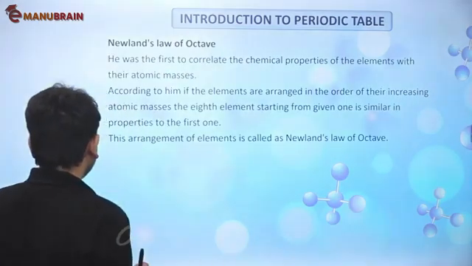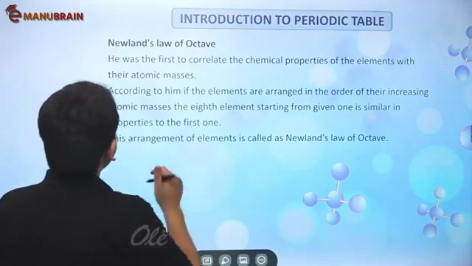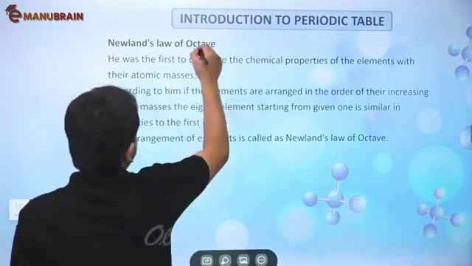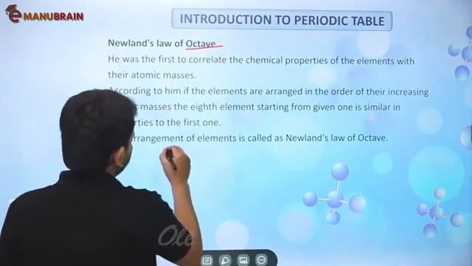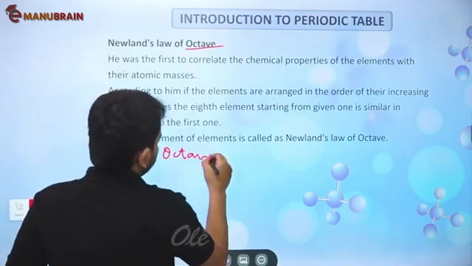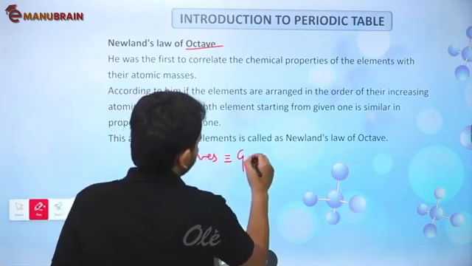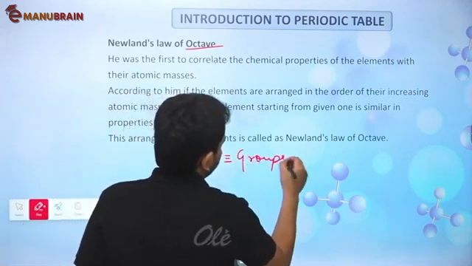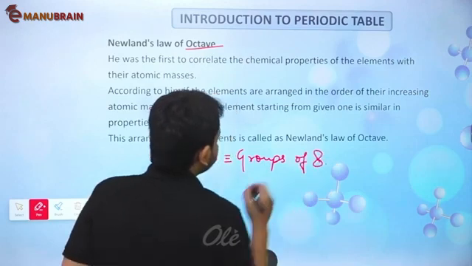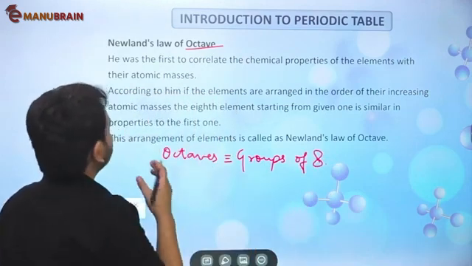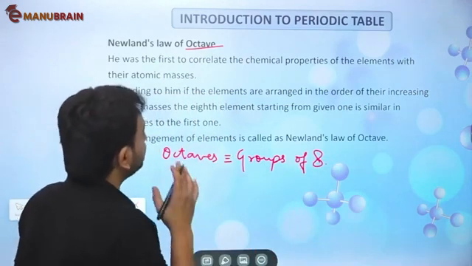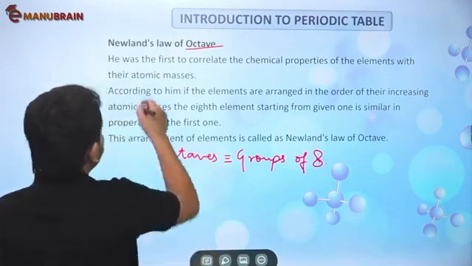Then came Newlands. He arranged the elements in octaves, which means groups of 8. He was the first to correlate the chemical properties of the elements with their atomic masses.